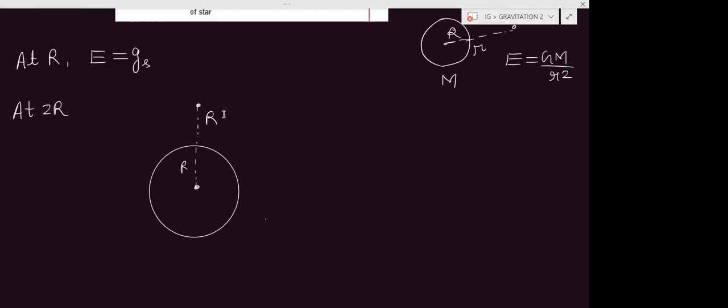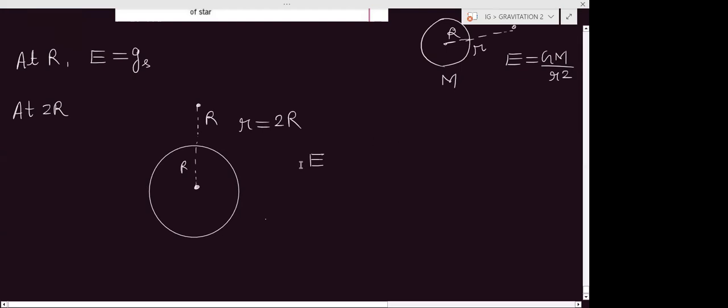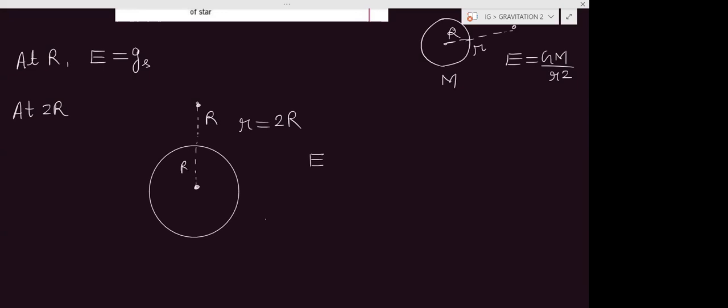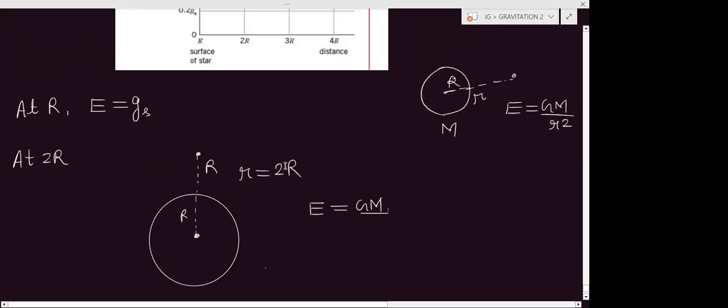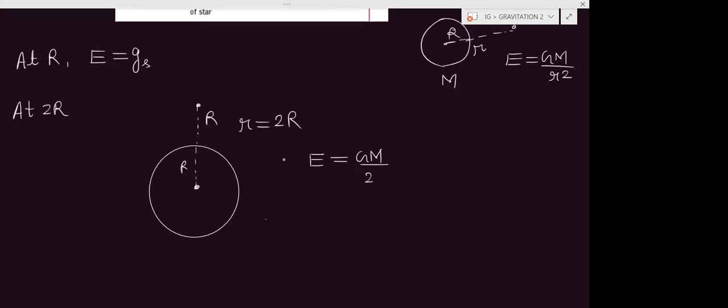So now this is the distance 2r. So here the value of small r will become 2r. So here you will calculate the value of gravitational field at this point. So it will become GM divided by small r square, so 2r square.